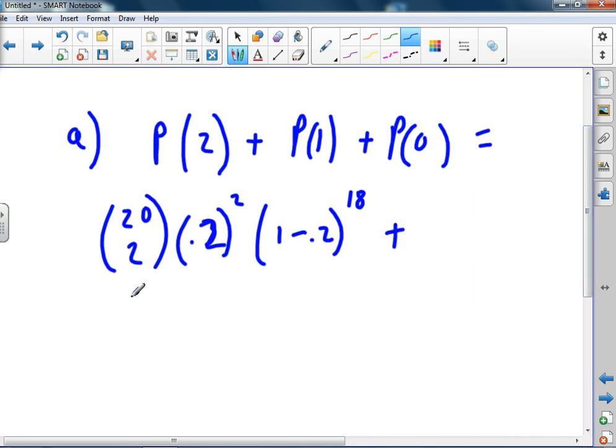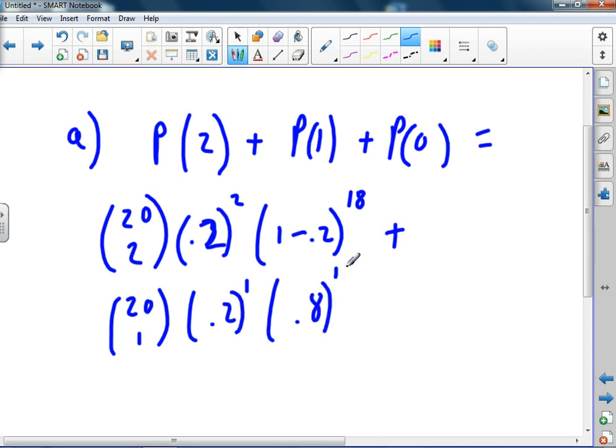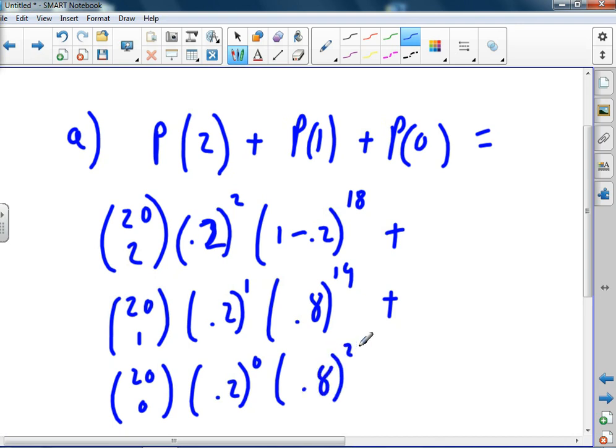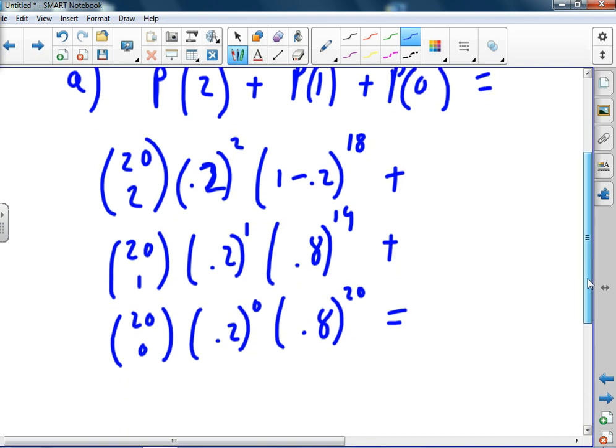Plus 20 students taken 1 at a time, 0.2 to the first, that's going to be 0.8 to the 19th, plus 20 students taken 0 at a time, 0.2 to the 0, 0.8 to the 20th. Okay, so that's the math I'm looking for.